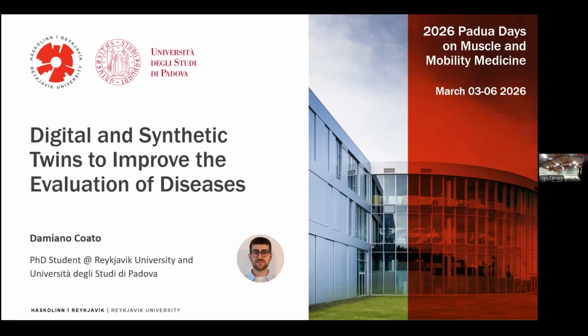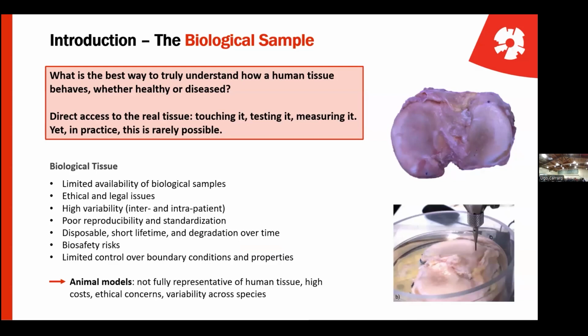Before explaining what a digital or a synthetic twin is, I would like to start with a simple question. What is the best way to truly understand how a human tissue behaves in both healthy and pathological conditions? The best case scenario would be having direct access to the specimen, to measure it, test it, to touch it.